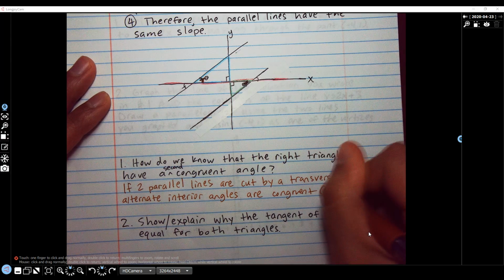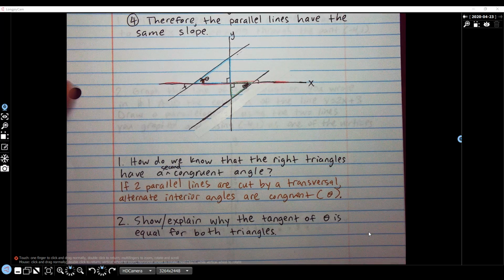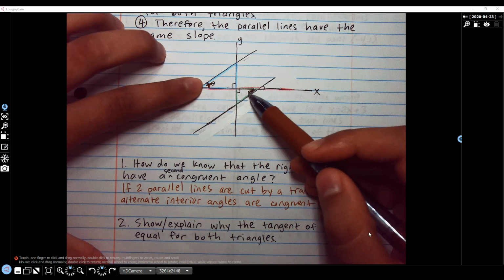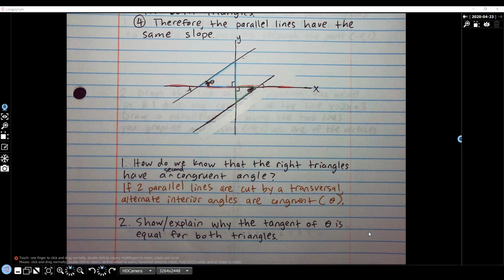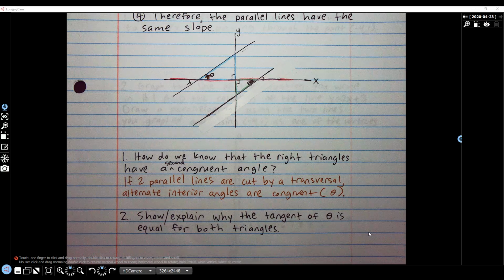And I'm going to put parentheses theta. So in this case, right, our alternate interior angle is theta in both of these cases. All right, let's look at question 2. So show and explain why the tangent of theta is equal for both triangles.